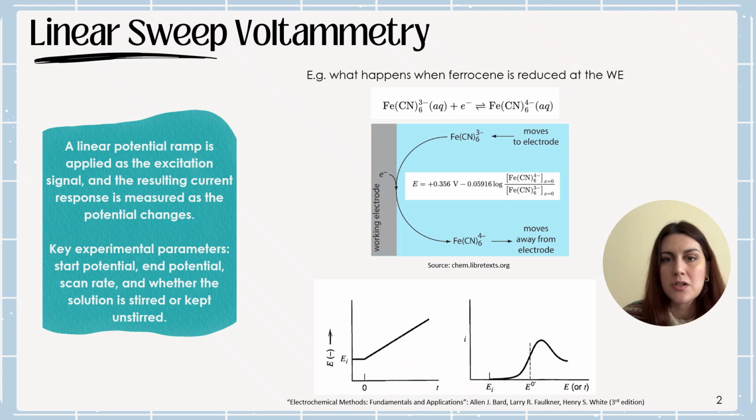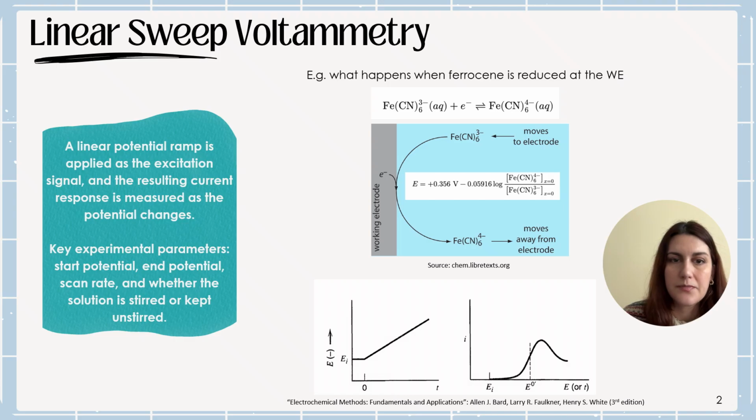And while the potential is being swept, we continuously measure the current response of the system. The resulting data is typically presented as a current versus potential plot, which provides information about the electrochemical reactions occurring at the electrode surface.